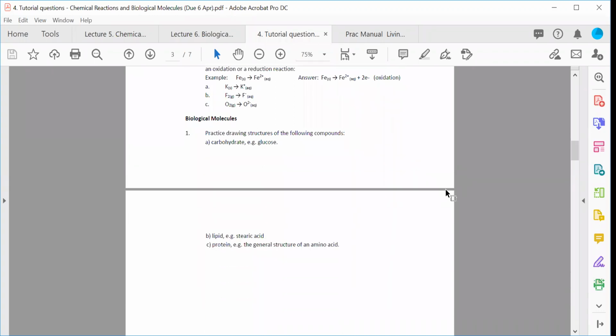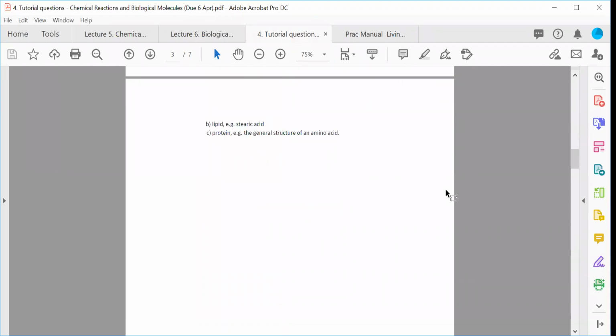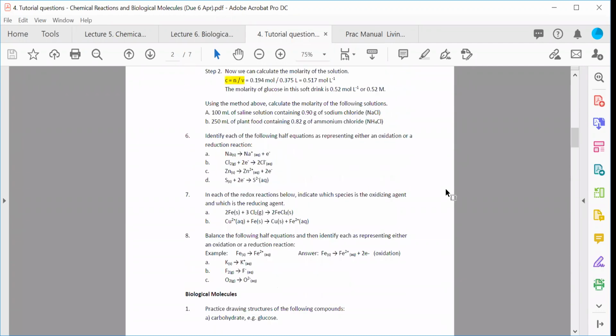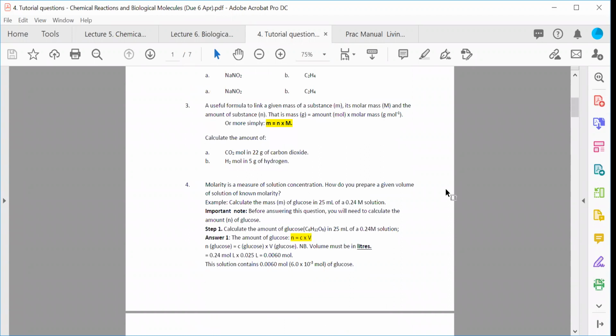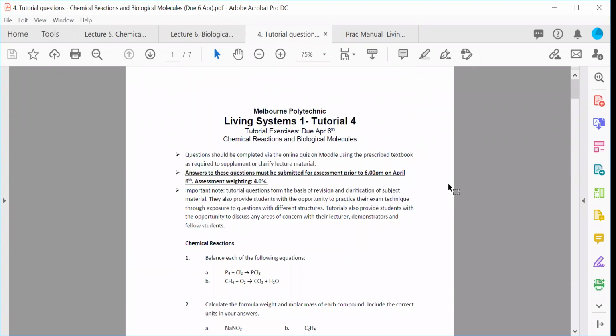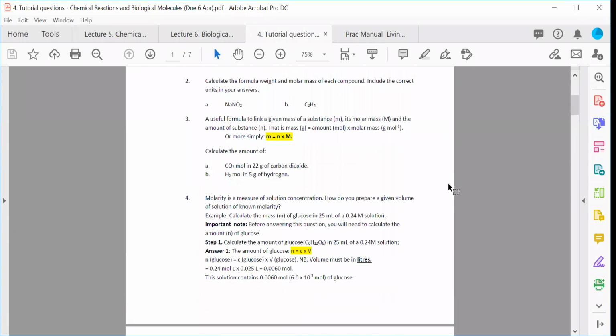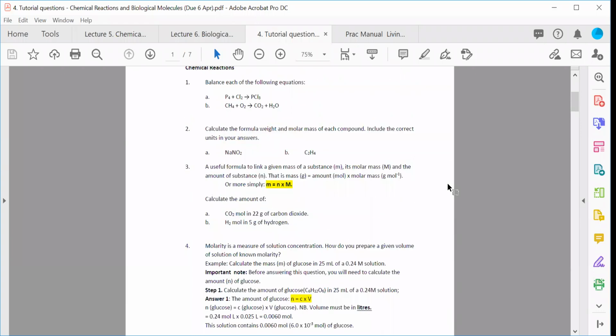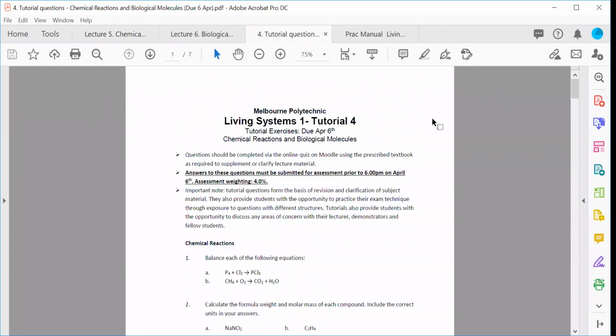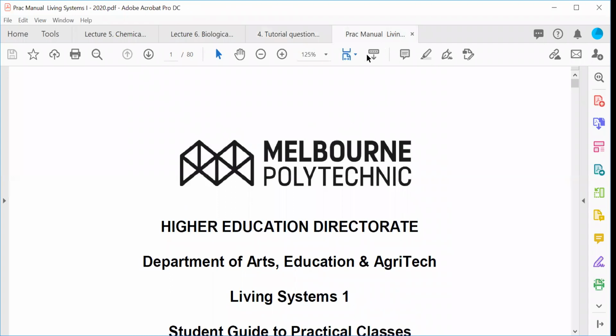And then we have some biological questions on biological molecules. All right, so as I always say, let me know if you get stuck on anything. I can certainly help you most of the time just through email. But if you prefer to chat on the phone, that's not a problem whatsoever. All right, so that's your tutorial questions due next Monday, not next Friday.